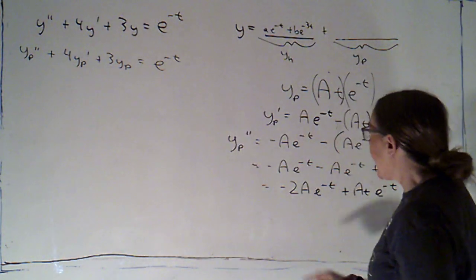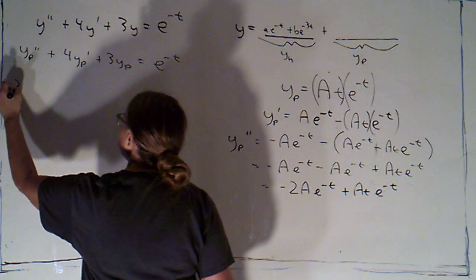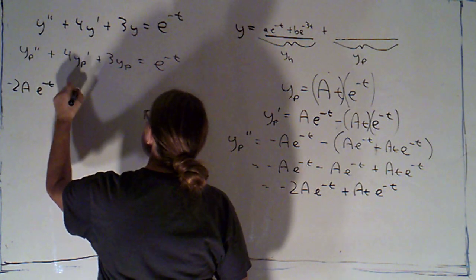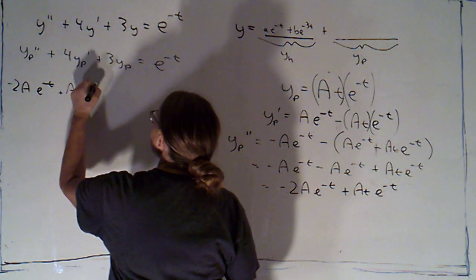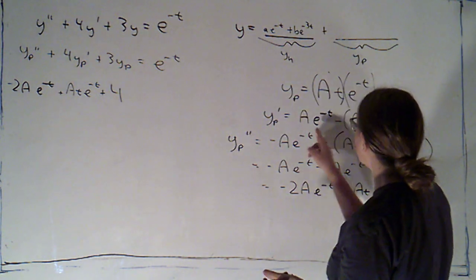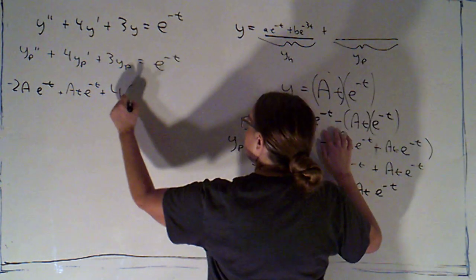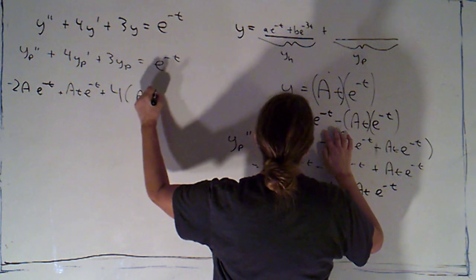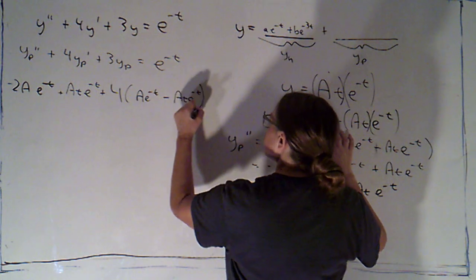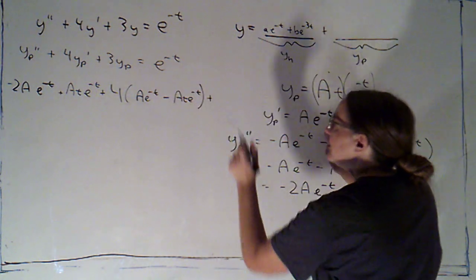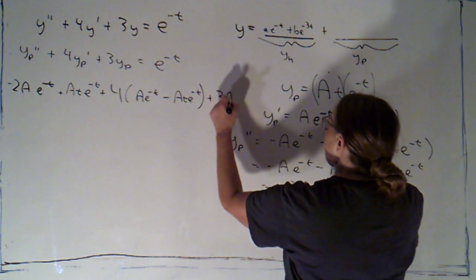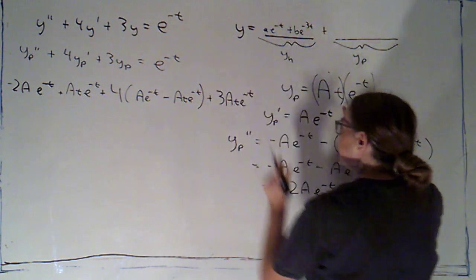So yp double prime, we said that was negative 2a e to the negative t plus at e to the negative t, plus 4 copies of yp prime, that was a e to the negative t minus at e to the negative t, plus 3 copies of y sub p, that's going to be 3at e to the negative t.